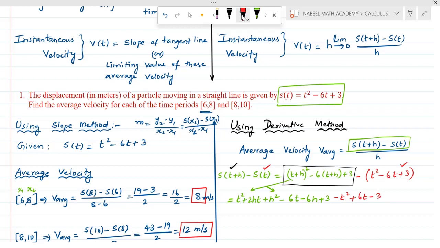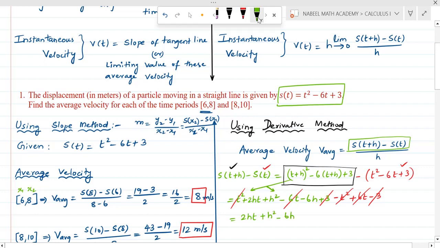So what terms get cancelled? The 3 with the 3 cancel, 6t minus 6t cancels, and t square minus and plus cancel. So the remaining terms are 2ht plus h square minus 6h. If I take h as a common factor, it is h times (2t plus h minus 6). So this is what you will get.